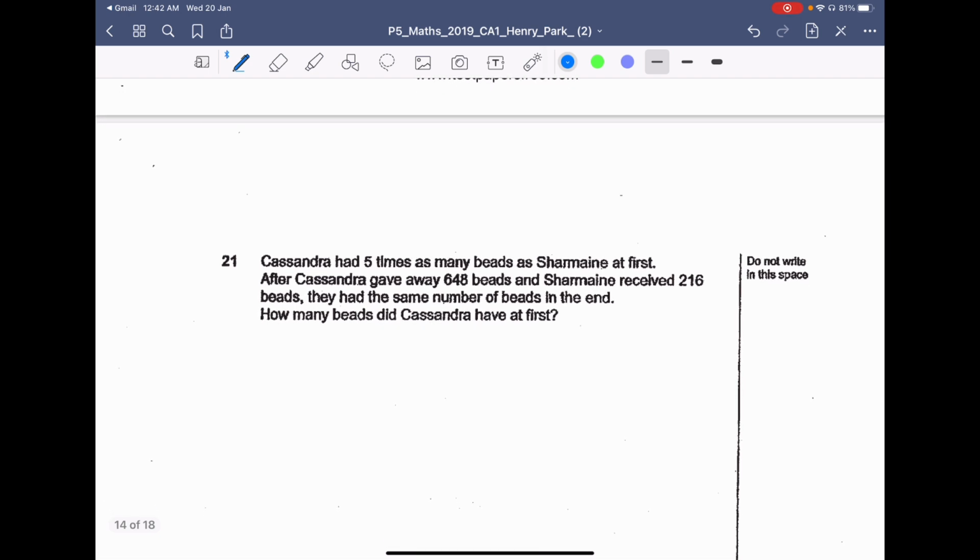Question 21. Cassandra had 5 times as many beads as Charmaine at first. So for this, you can draw another model. So I use C to represent Cassandra and S to represent Charmaine. After Cassandra gave away 648 beads and Charmaine received 216 beads, they have the same number of beads in the end.